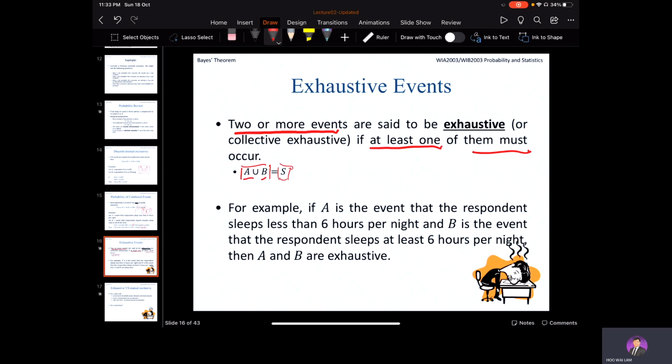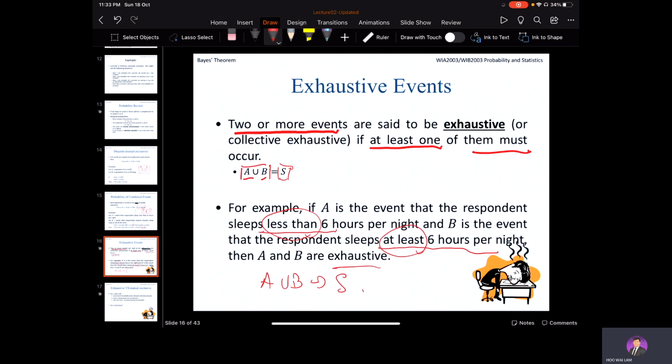For example, if A is the event that respondents sleep less than 6 hours, and B is the event that respondents sleep at least 6 hours per night, A and B are exhaustive because when you take the union of A and B, you cover less than 6 hours and at least 6 hours. You cover all the potential sample space that you have.